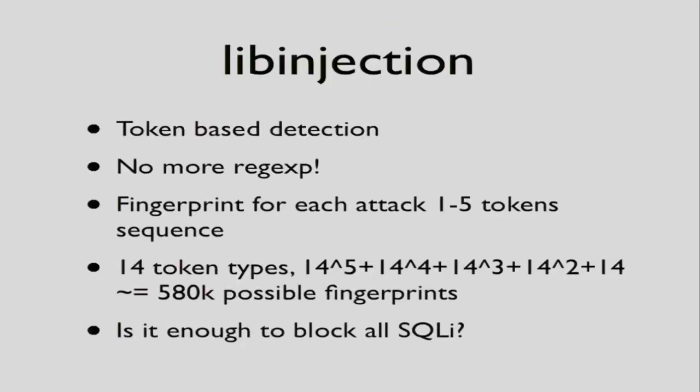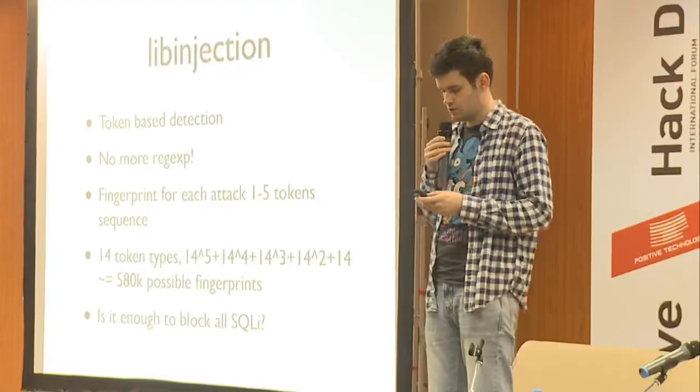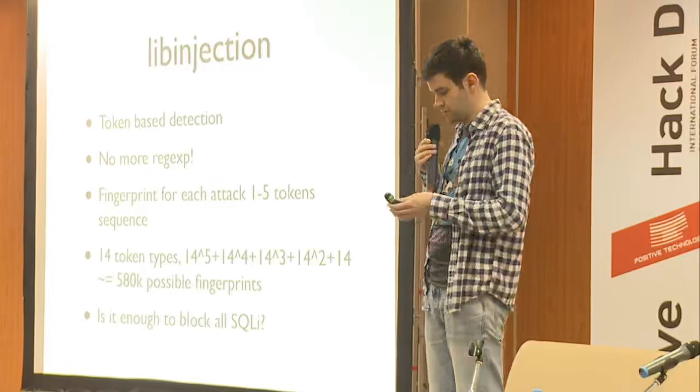There are 14 token types. The token type is a type of a token, the operator, number with a number sign, comma. There are other tokens, union with a capital letter. So there are 14 base types.